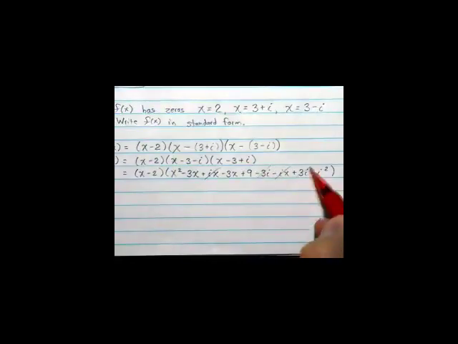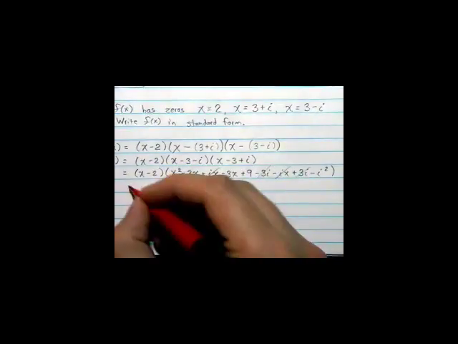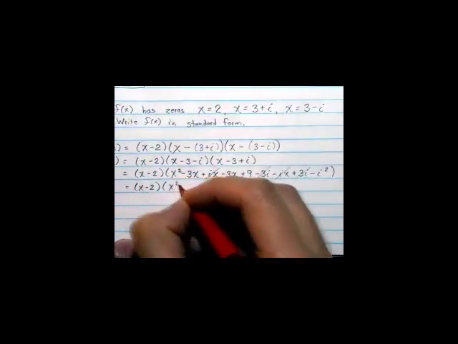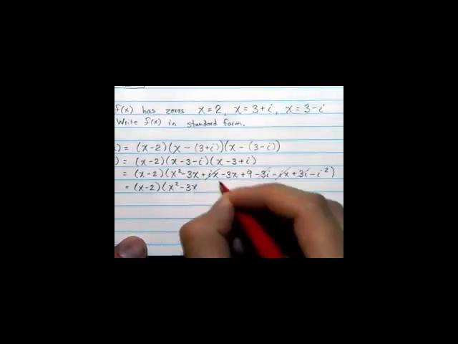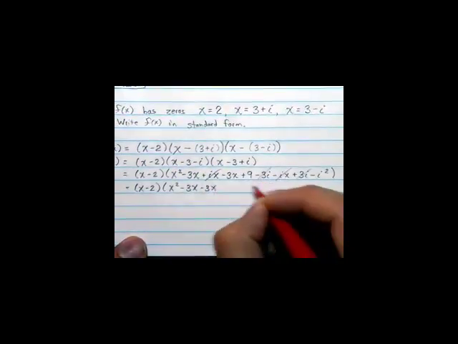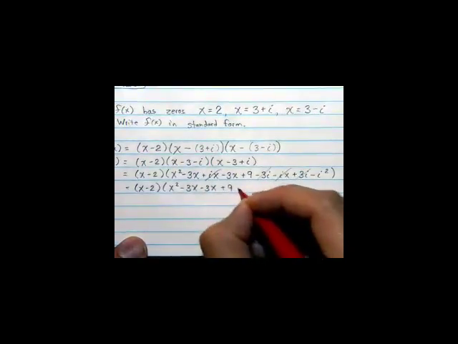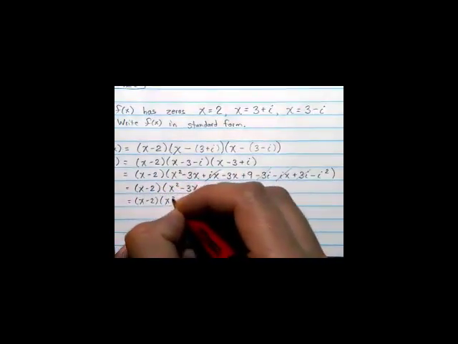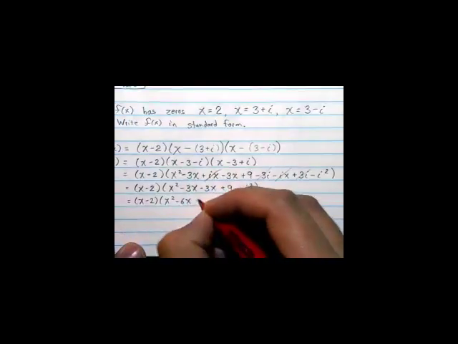Minus 3i plus 3i. All that's gone. So we got x squared minus 3x plus 9 minus i squared. Broken it down to that. So the 3x's can go together. So x squared minus 6x plus 9.